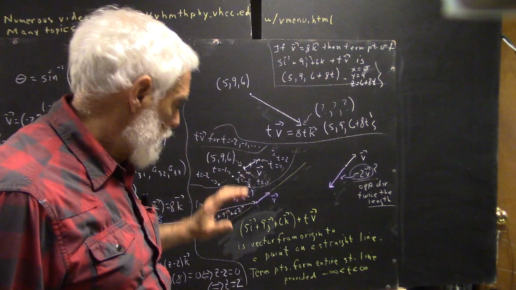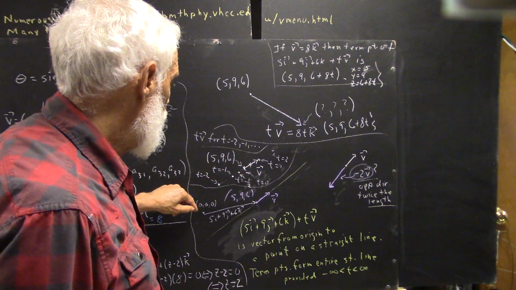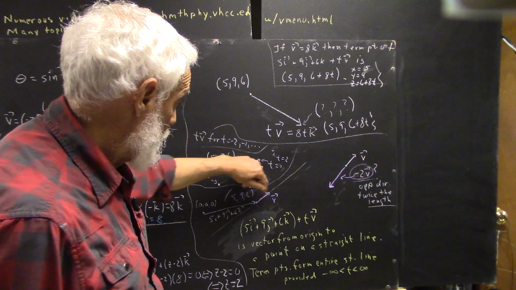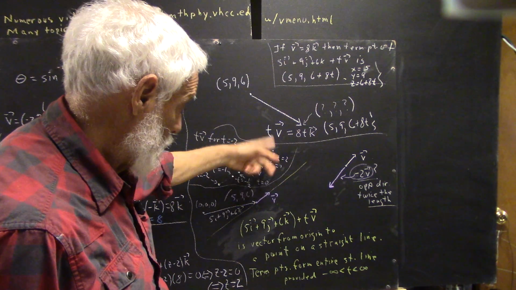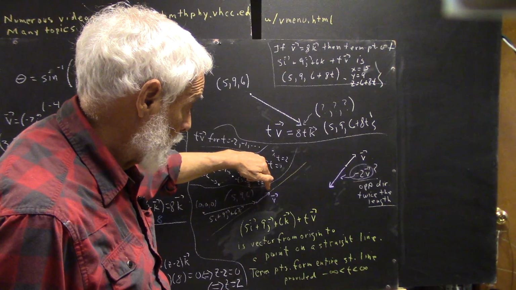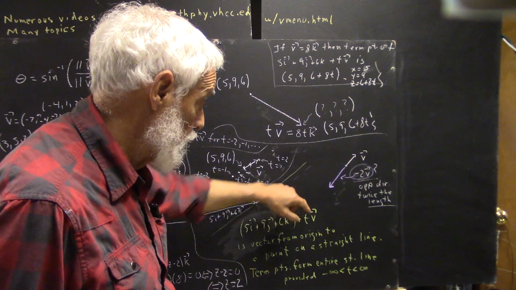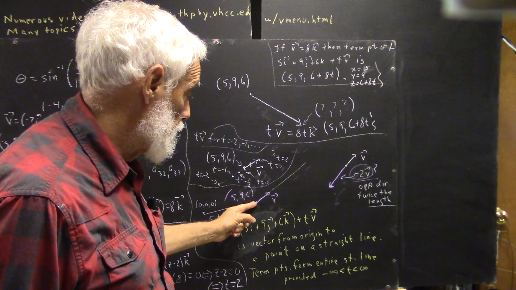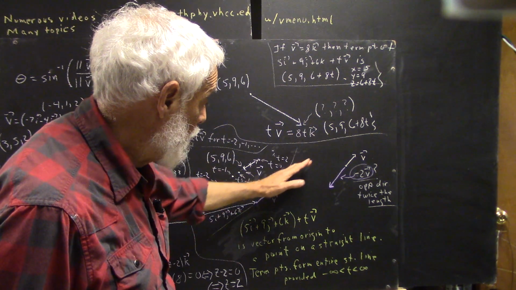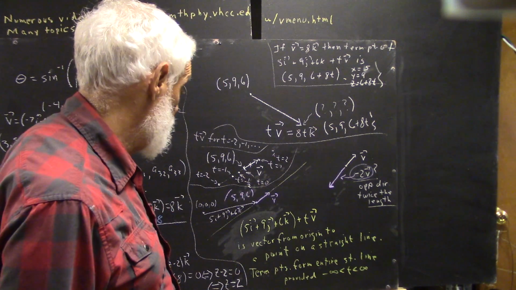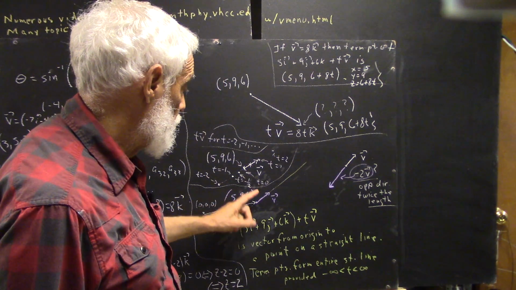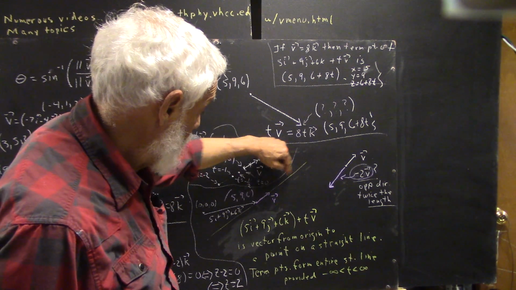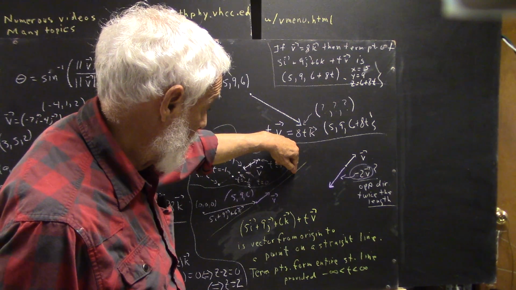And the vector that takes us from the origin to the tip of the v vector, in other words, the vector that really gives us the position of the point on the line corresponding to the value of t, is just the vector 5i plus 9j plus 6k plus tv, whatever tv happens to be. So if we add this vector to the tv vector, we get a vector from the origin out to some point of this line.